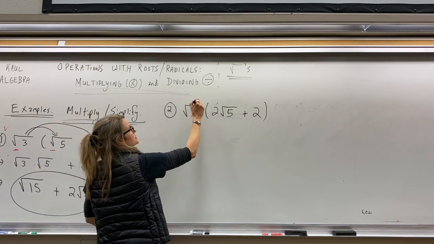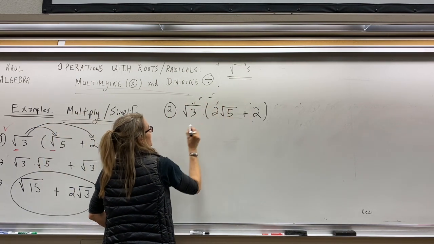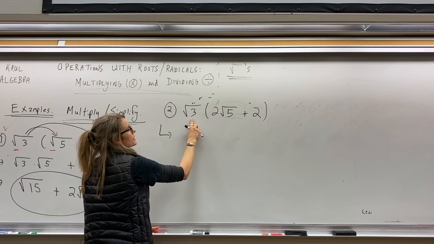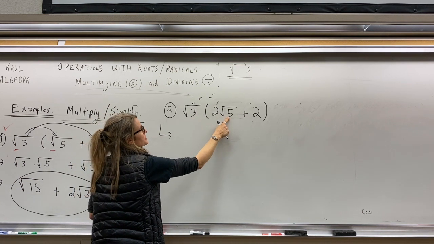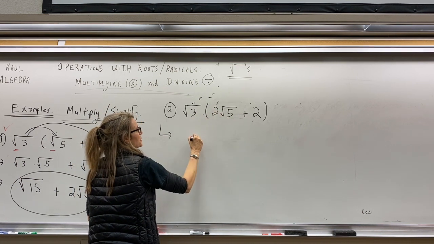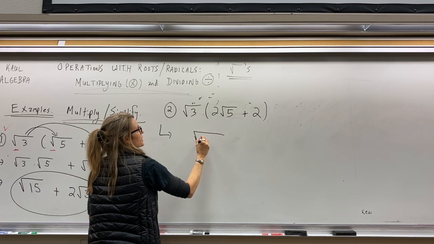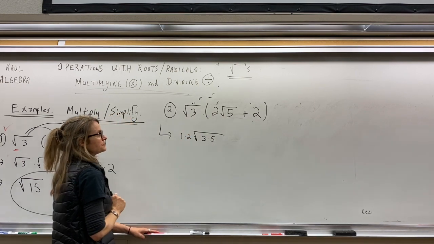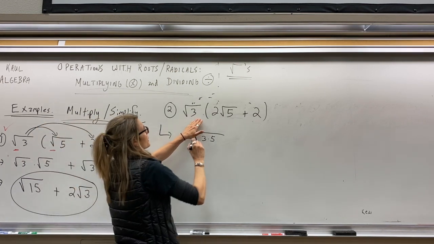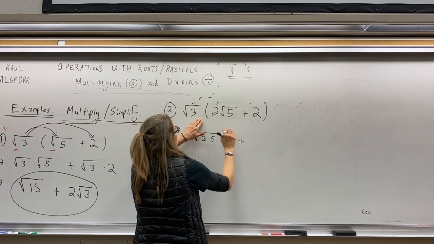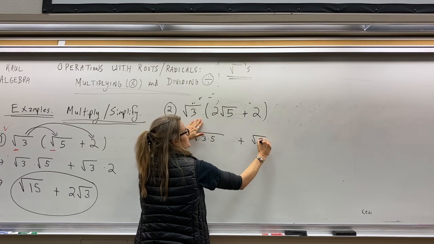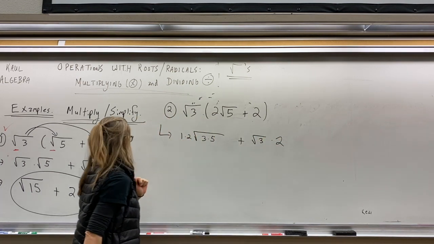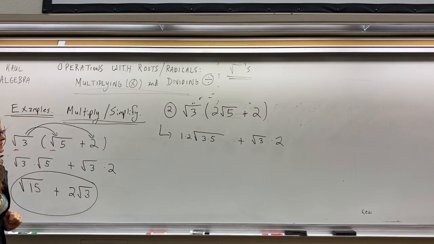Well, the same applies. We distribute when we multiply, so this becomes square root of 3 and square root of 5. I'll multiply these two parts together, so this becomes square root of 3 times 5, and I multiply what's in front of the radicals, 1 times 2. Now I'm going to multiply the square root of 3 times 2 again, as done in the previous step.